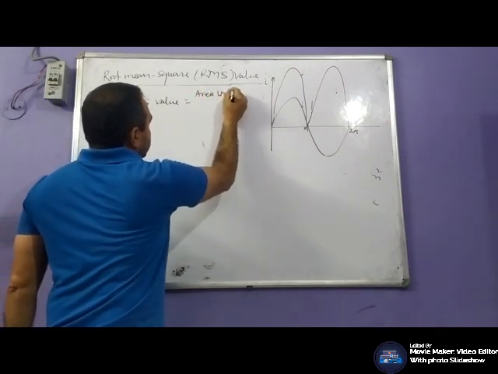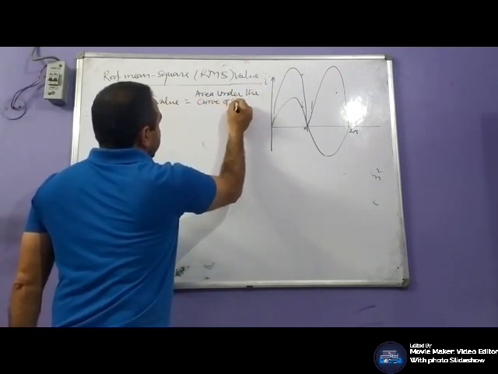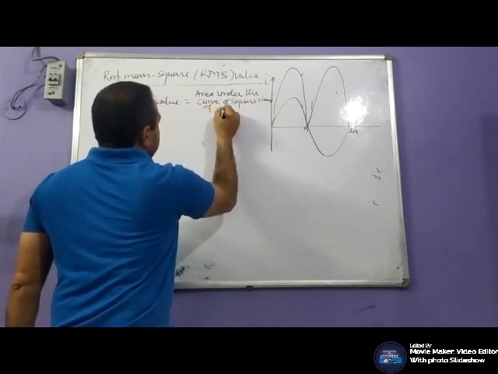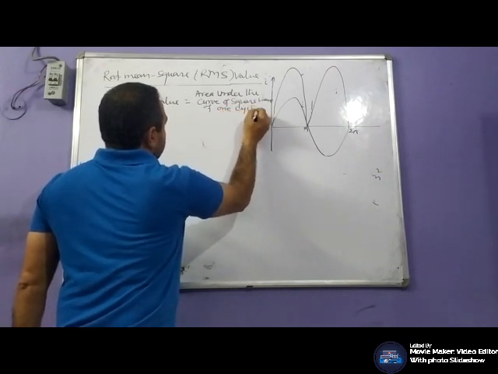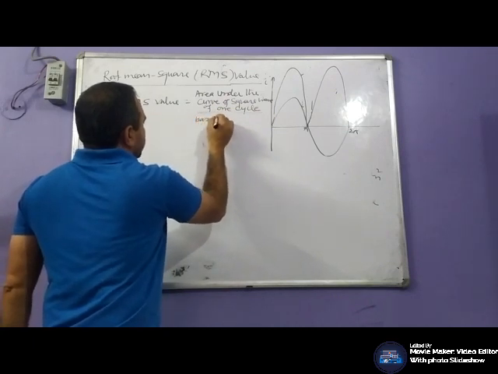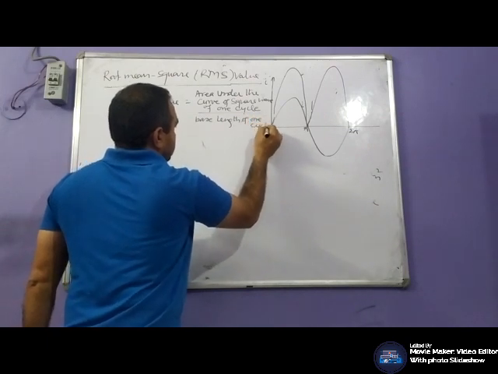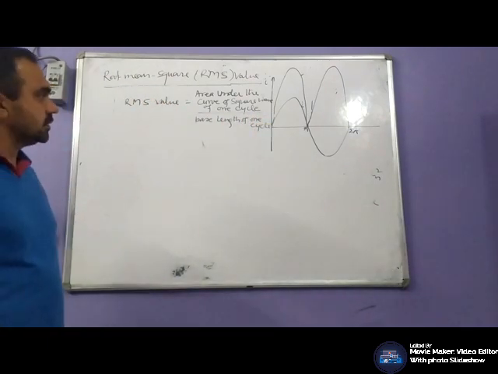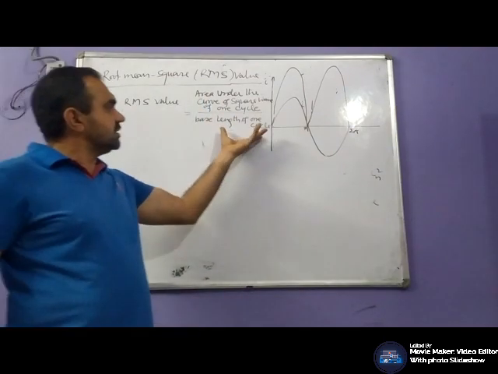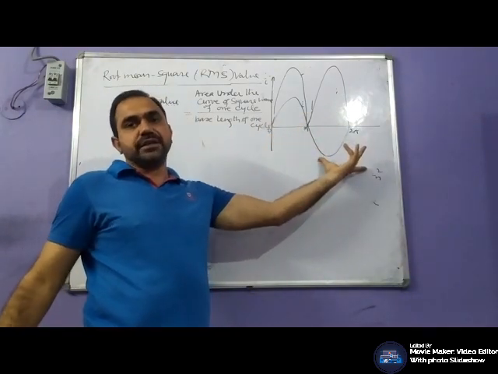Area under the curve of the squared wave of one cycle, divided by the base length of one cycle. First, what is the base length of one cycle? Simply 2 pi minus 0, it is 2 pi.